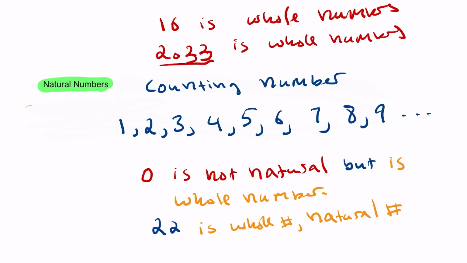A whole number is a counting number and 0, so 22 is a counting number, which makes it a whole number. A natural number is a counting number, and 22 is a counting number.